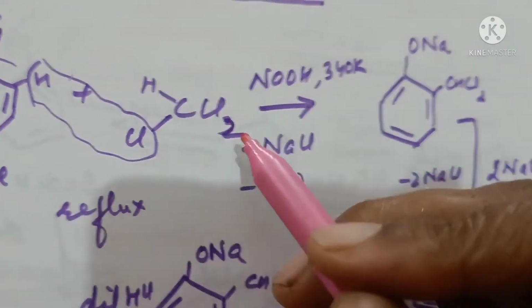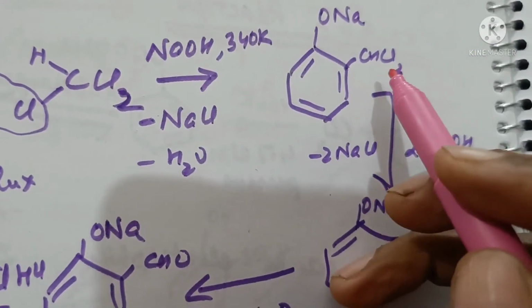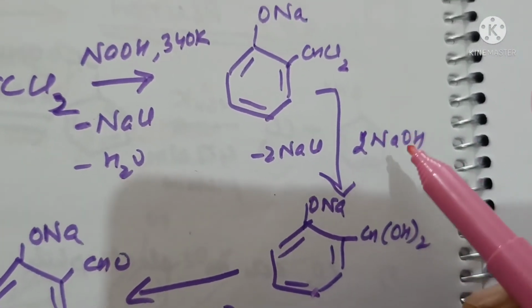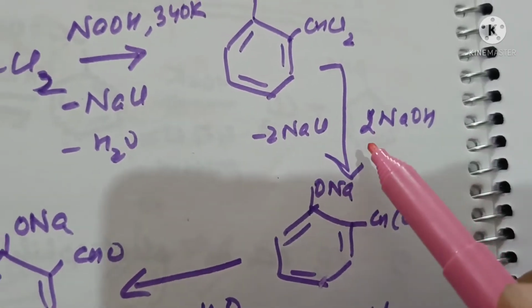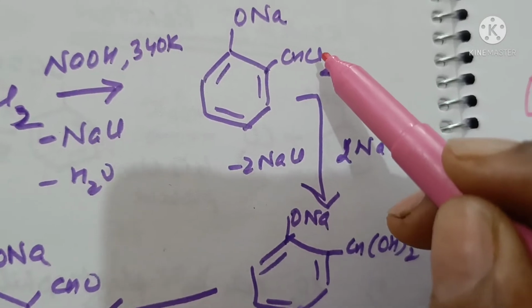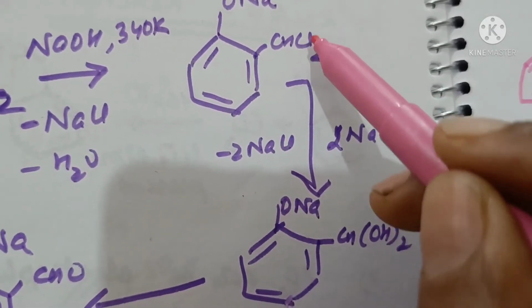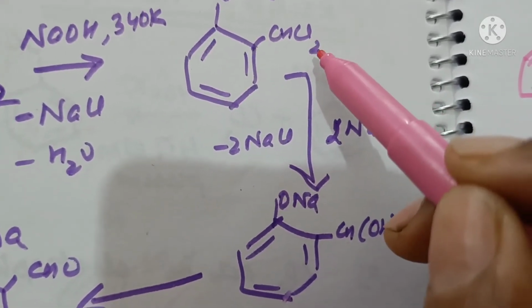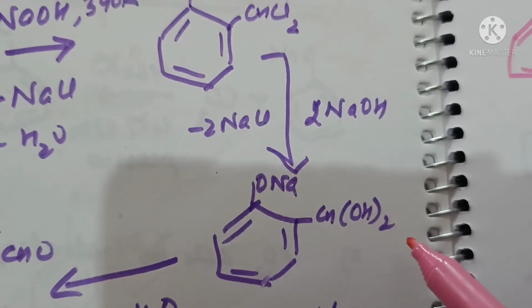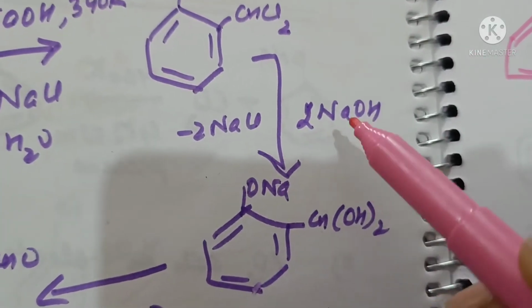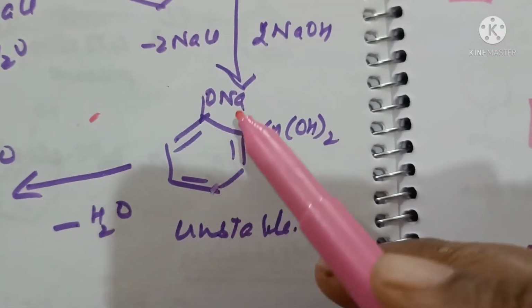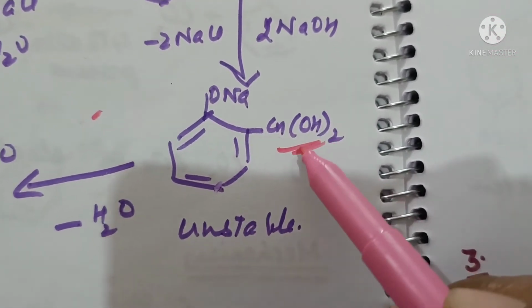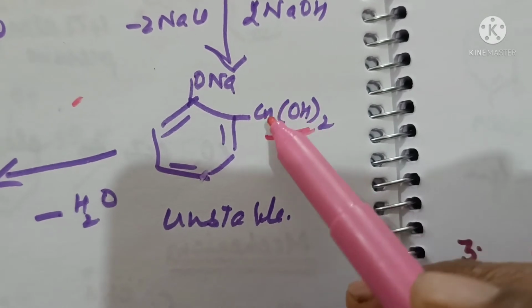Also, this CHCl2 will get attached over here. And this is further hydrolyzed with alkaline NaOH, the NaOH will substitute Cl. Two Cl atoms will be substituted by two OH groups. These Cl combine with Na to form NaCl. It's taken out. So this compound is unstable because two OH groups are attached to the same carbon.